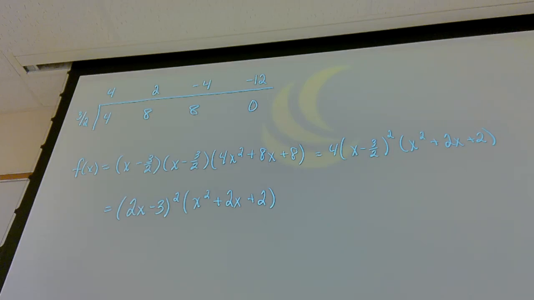Which means we have to do what? How do you solve a quadratic that cannot be factored? Negative b plus or minus the square root of b squared minus 4ac all over 2a.